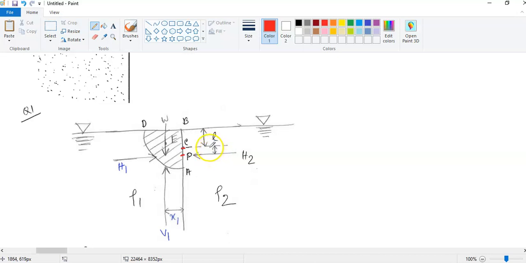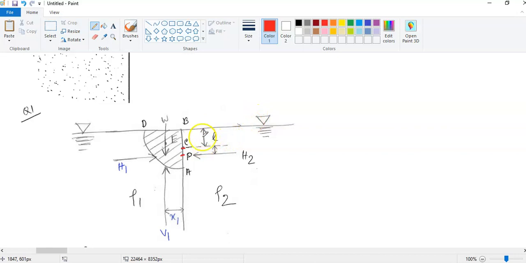We can call this Cp, or delta Cp. This is the distance between the centroid and the center of pressure. We don't know this distance right now; we will calculate it later. We said the distance from C to the open free surface is L. This symbol means the free surface.